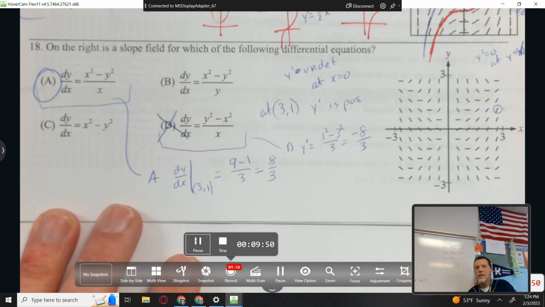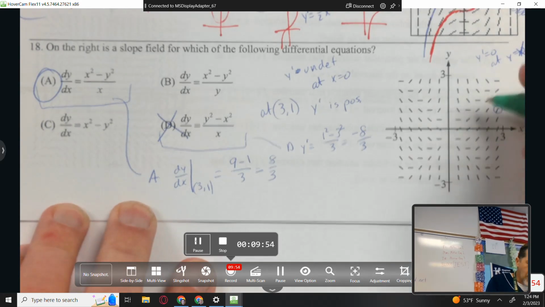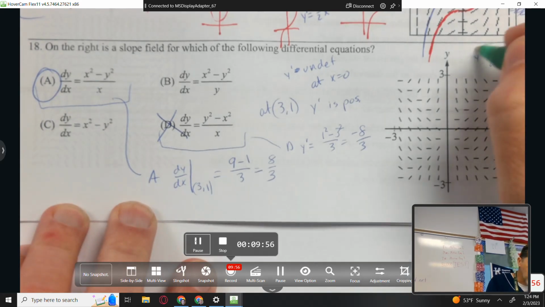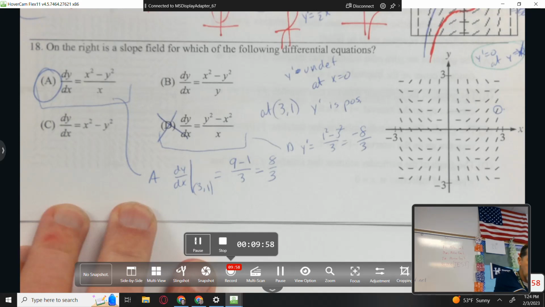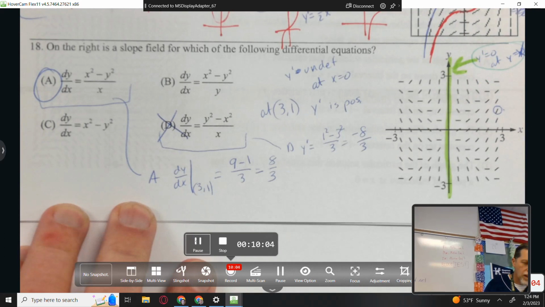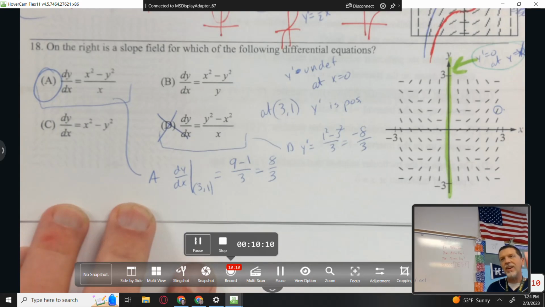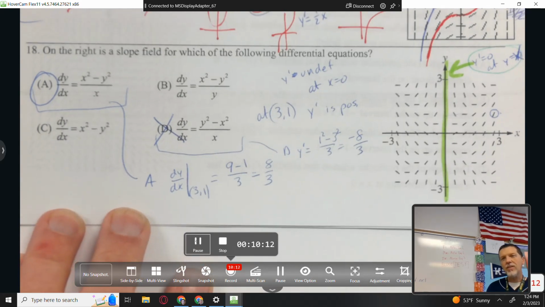Why was the answer generated? Because I saw that when x equals 0, the slope was undefined. It doesn't show that exactly, but it's really close to it. It's undefined when x is 0.